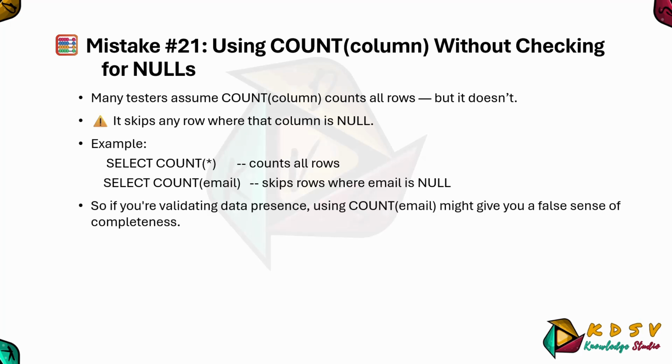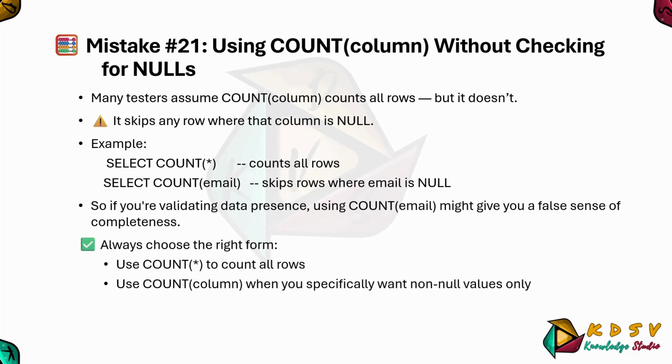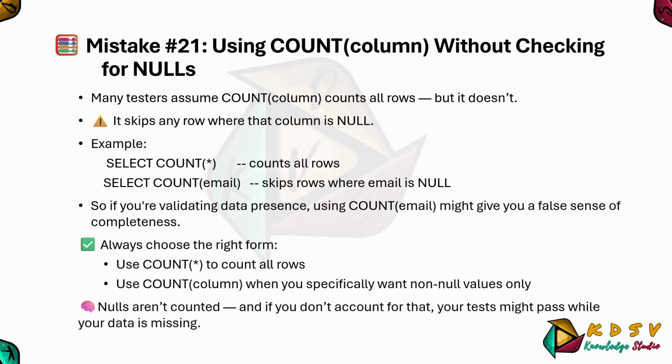So if you are validating data presence using count email, it might give you a false sense of completeness. Always choose the right form. Use count star to count all the rows, and use count column name when you specifically want non-null values for your test scenario. Nulls are not counted, and if you don't account for that, your test might pass while your data is missing.